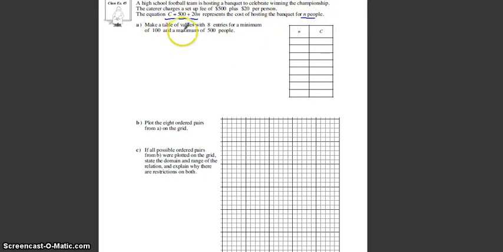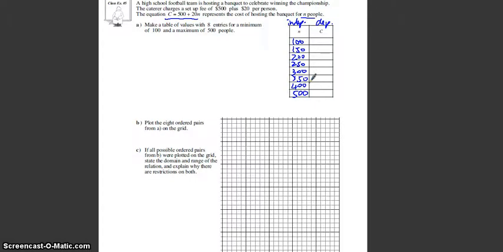Make a table of values. You can organize data in many formats, and a table of values is one of them. n is the independent variable, and depending on how many people are coming, C, the cost, will change. So C depends on n. With 8 entries, for a minimum of 100 and a maximum of 500 people: 100, 200, 250, 300, 350, 400, 500.